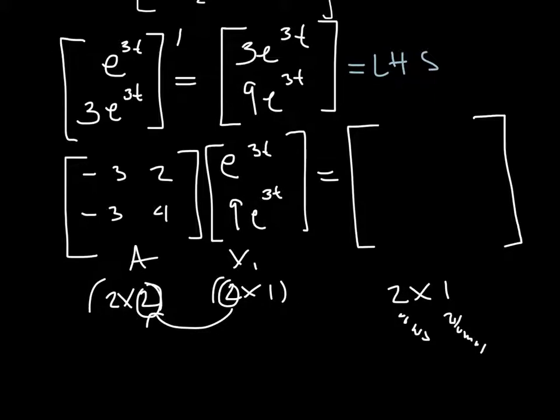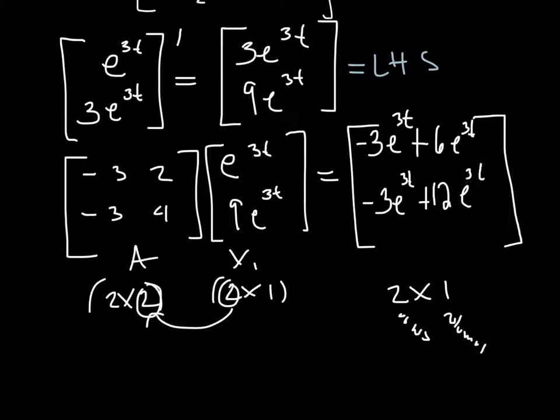Again, row times column, row times column. I'm going to get negative 3e to the 3t plus 6e to the 3t, and negative 3e to the 3t plus 12e to the 3t.